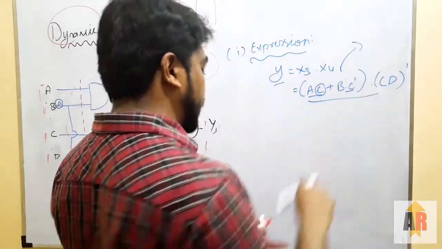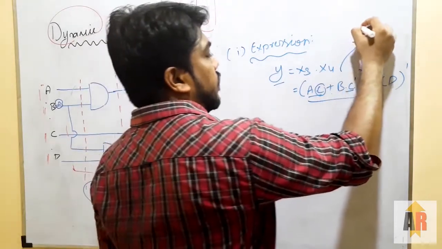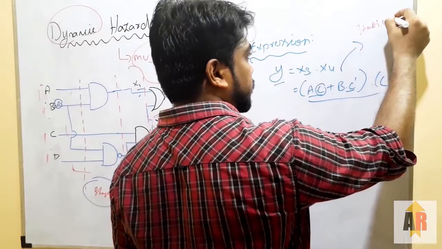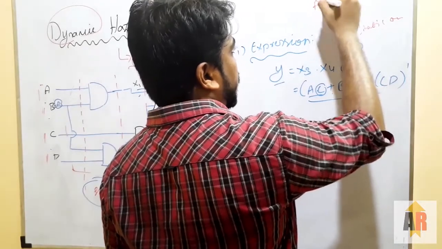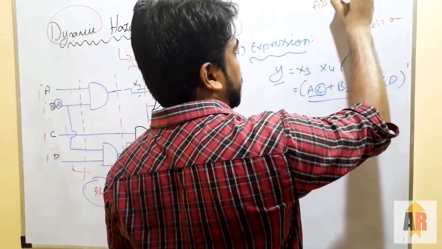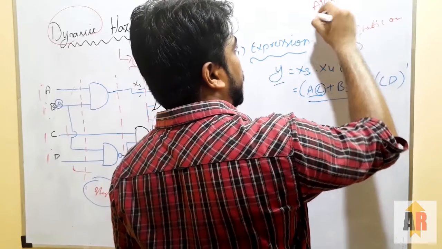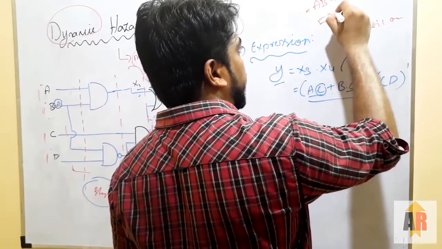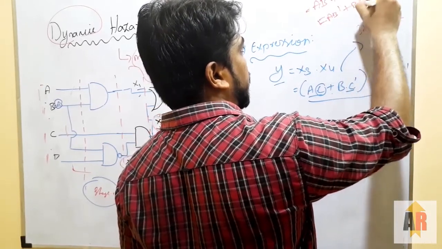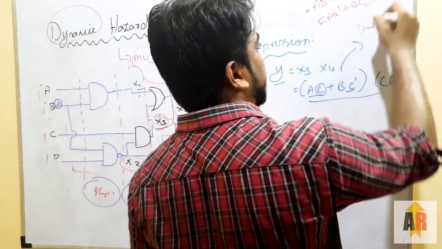This part I already showed in the static one hazard. If the equation is like A B dash plus BC, and you add a term like A B dash plus BC plus AC, you can eradicate the static one hazard.